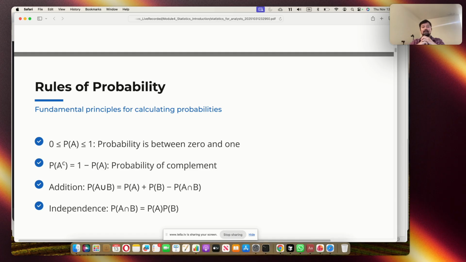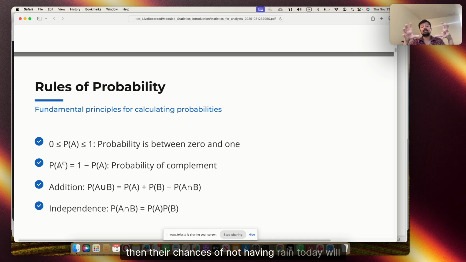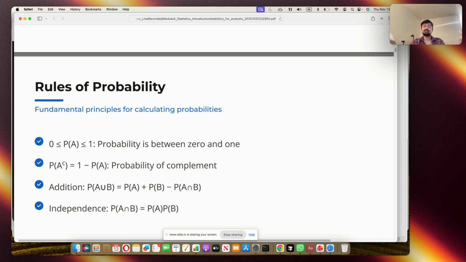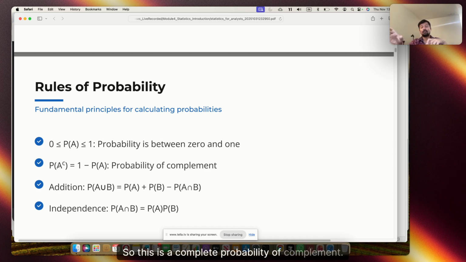For example, if the chance of rain today is 0.3, then the chance of not having rain today will be 0.7. So this is the probability of the complement. There is one event whose probability you are predicting, and the opposite applies to the other event that you are not defining.